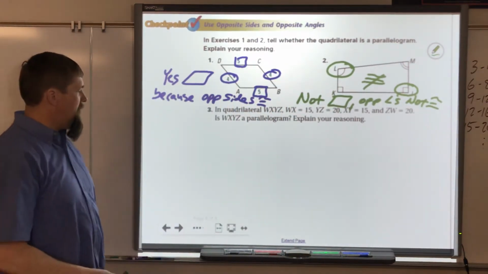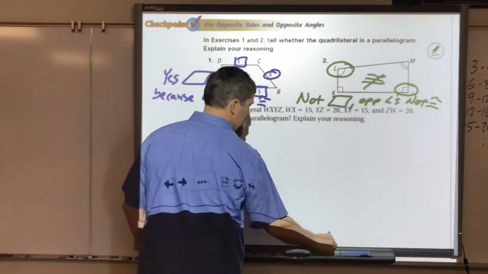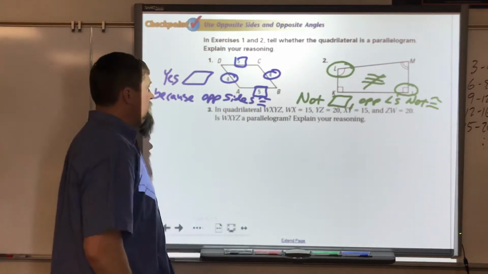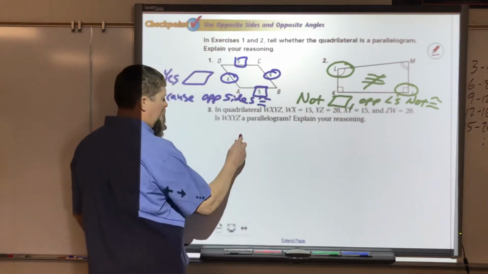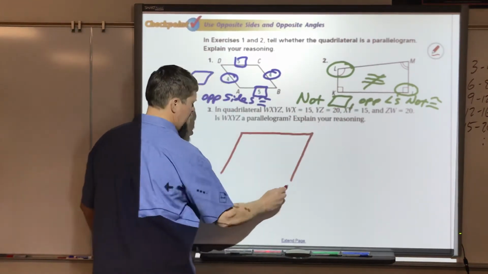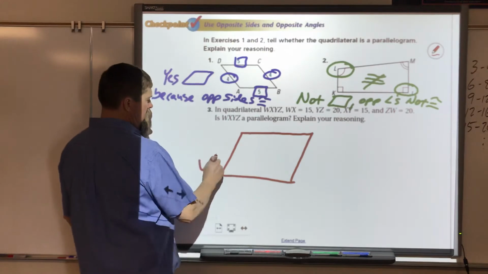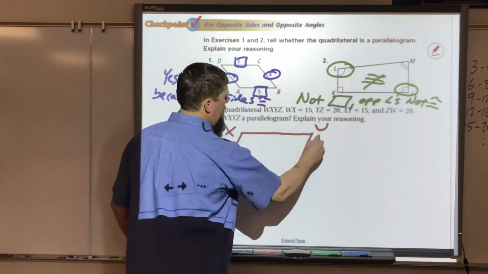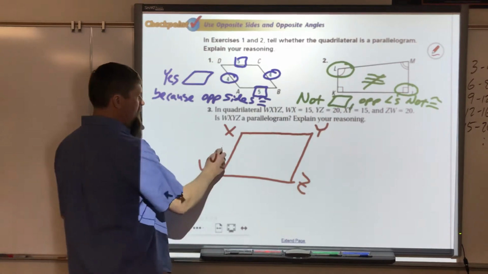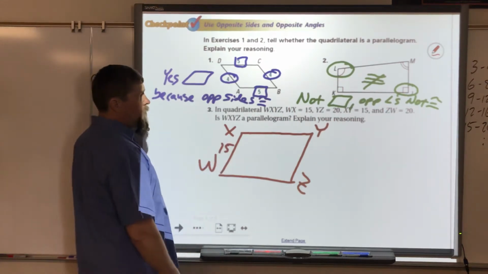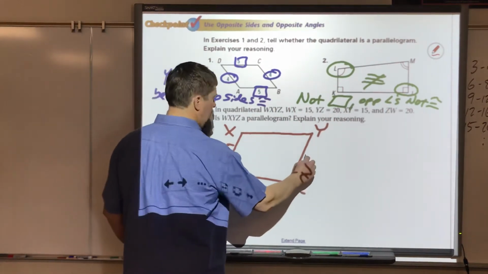All right, number 3. In a quadrilateral WXYZ, so you might want to draw that. W, X, Y, and Z. It says WX is 15, YZ is 20.